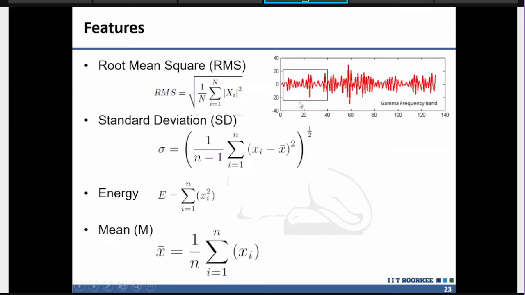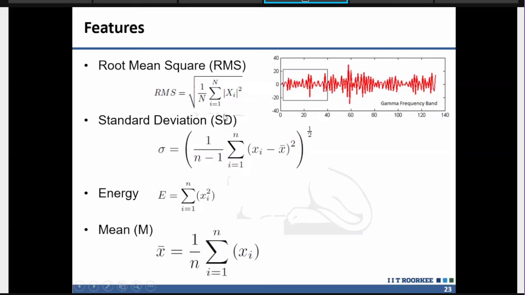After that, I move this window to the next 40 milliseconds, or it could overlap, from 20 to 60 or from 40 to 80. You can vary the sliding window size also, whatever size you choose to collect the data. Then you extract the features like root mean square, standard deviation, and mean energy.